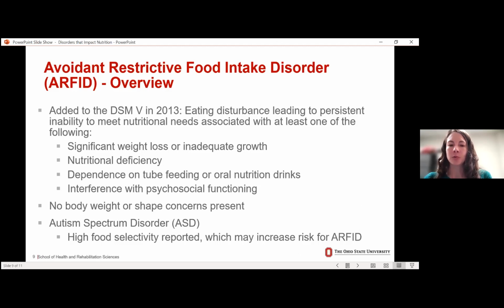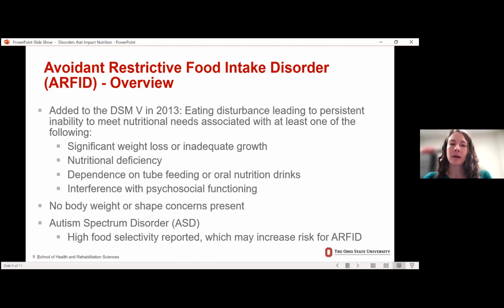And oftentimes we'll see eating patterns where the person is choosing foods based on the texture, based on the color or shape of the food, even smell or temperature, brand. It's very, very restrictive. And so sometimes we'll see this very limited food repertoire in some of these individuals. That doesn't always mean they're going to develop ARFID, but it does increase the risk for ARFID.